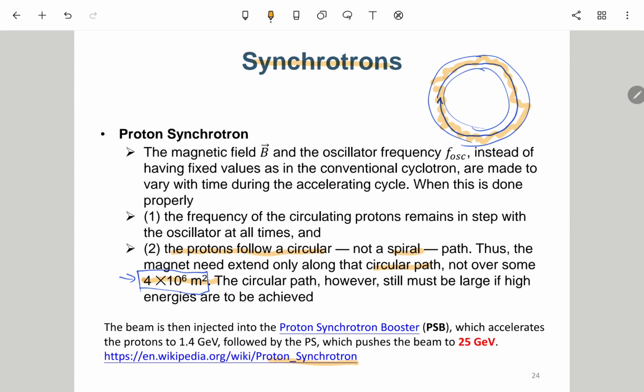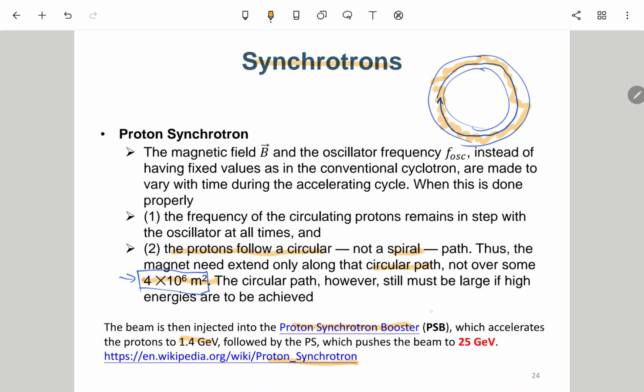So the beam is then injected to a proton synchrotron booster, 就是 proton synchrotron 的前一级叫做 booster，就是它很慢，然后后面很快，所以我们中间加一级给它让它从很慢变成中级再进入到这个很快的地方。So which accelerates the proton to 1.4 giga eV.